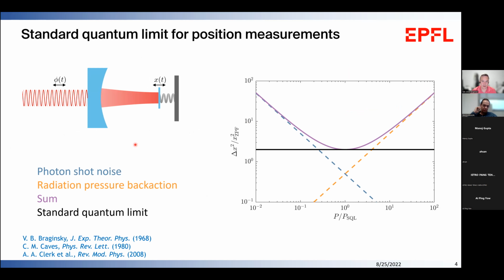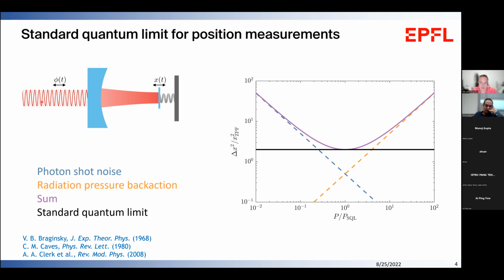So first of all, what is the fundamental limit on how well we can detect position? This basically determines the sensitivity of all the applications that I showed earlier. This is the so-called standard quantum limit for position measurements. When we want to detect the position of the resonator, we look at the phase of the light field.